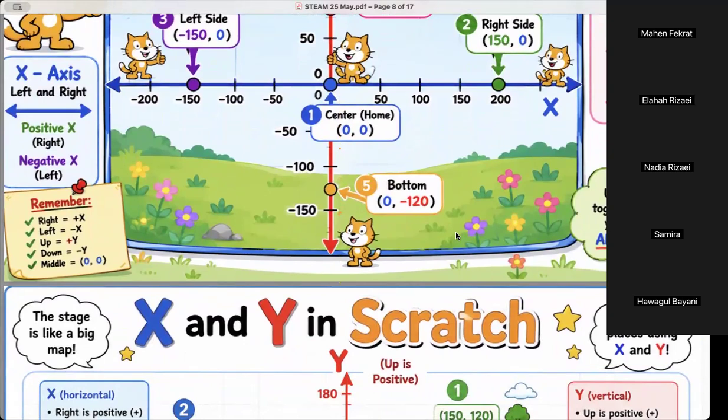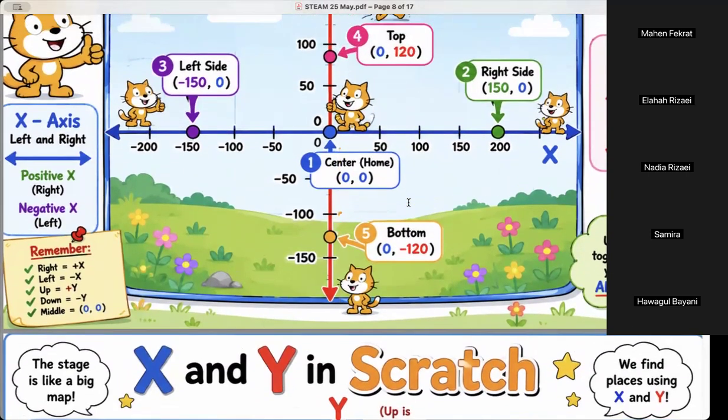Now, who is going to tell me why the value of y is minus? Who will tell me? The position of y when going down, any position will be minus. Okay, girls? When the position of y is down, it will be minus. When the position of x is left, it will be minus.